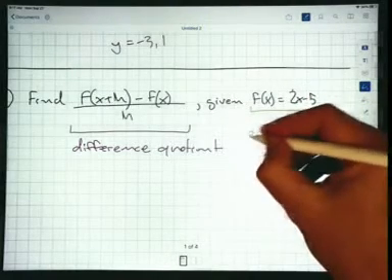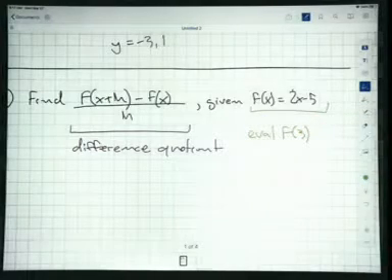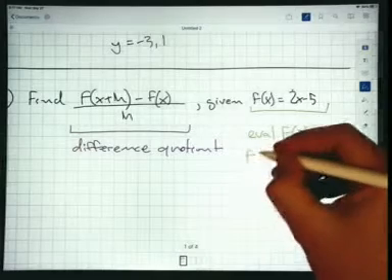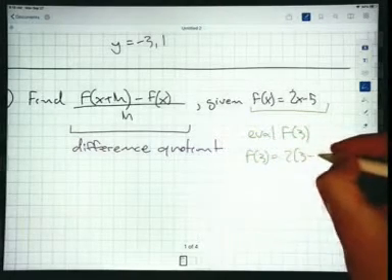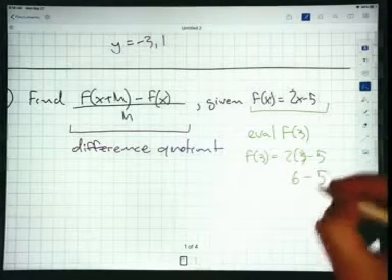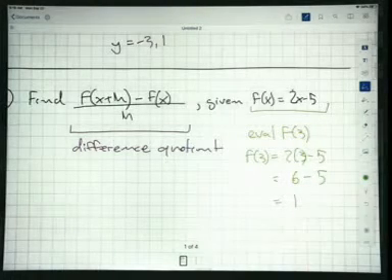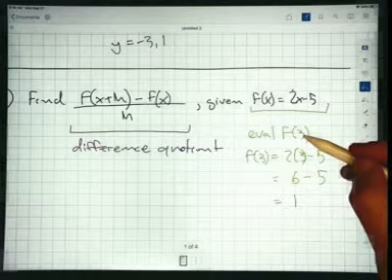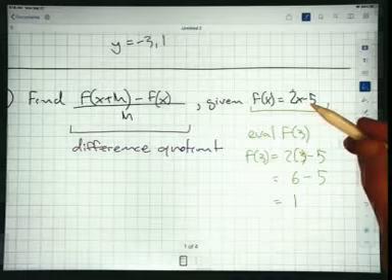If I told you to evaluate f at 3, you would just say f of 3 is 2 times 3 minus 5, which would be 6 minus 5, which would give you 1. So what did you do? When I said to evaluate f at 3, you plug 3 in for the x in this function.